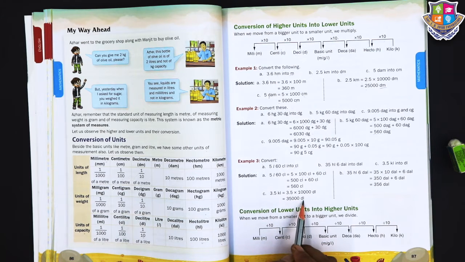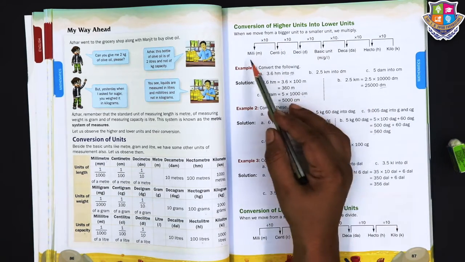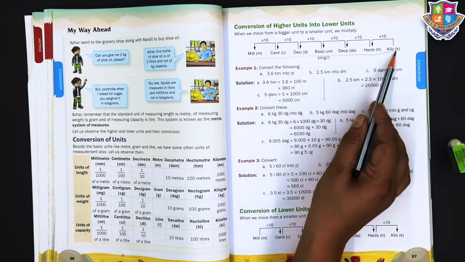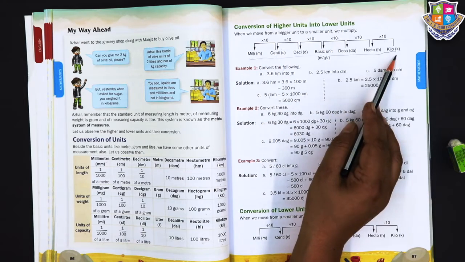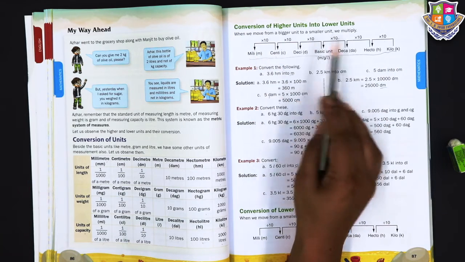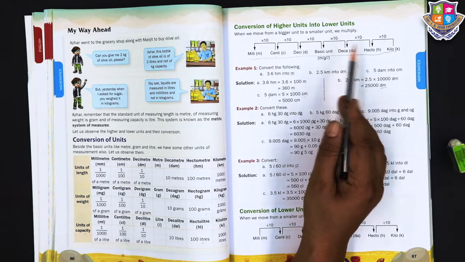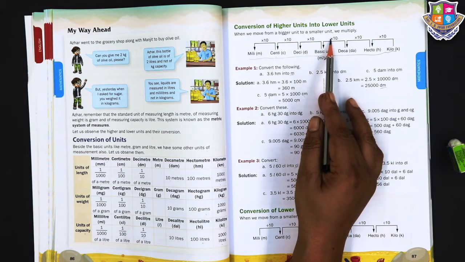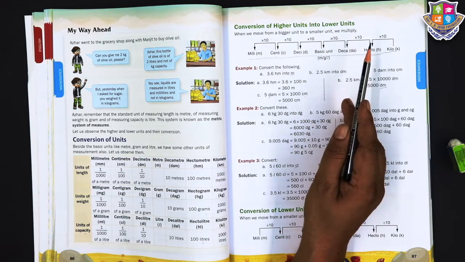Have you all understood how to multiply it? Yes. Now you just have to remember this one. From left to the right or from right to the left, which is the highest one and which is the lowest one, and the difference between them, then what is the unit? Multiplied by 10. Okay, in this way you have to remember these.